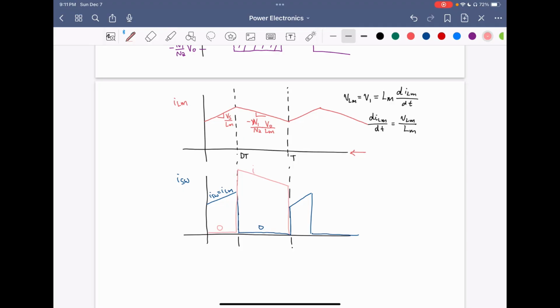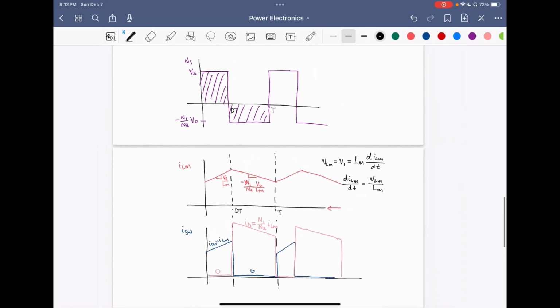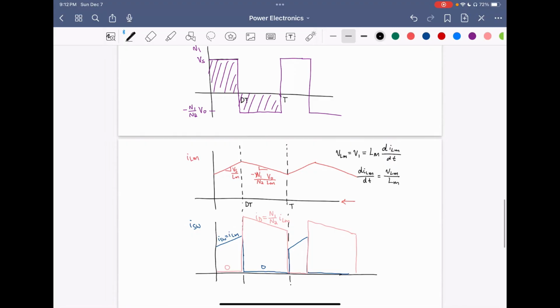So I diode is equal to N1 over N2 times ILM in the D prime T interval. So these are some of the waveforms we can draw for the flyback converter.